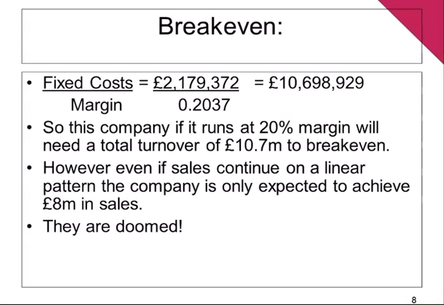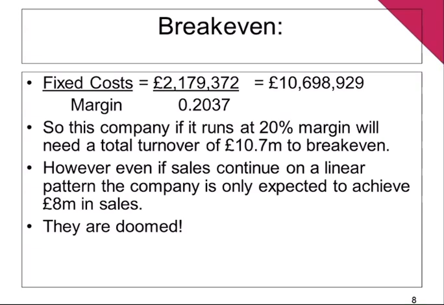However, if you just double the sales, which are currently sitting at 4 and a bit million, they are only really predicting sales of 8 million, so we're a long way away. We've got to find a way of increasing sales by 2 million in 6 months, in the way they're currently operating. That's going to be difficult.